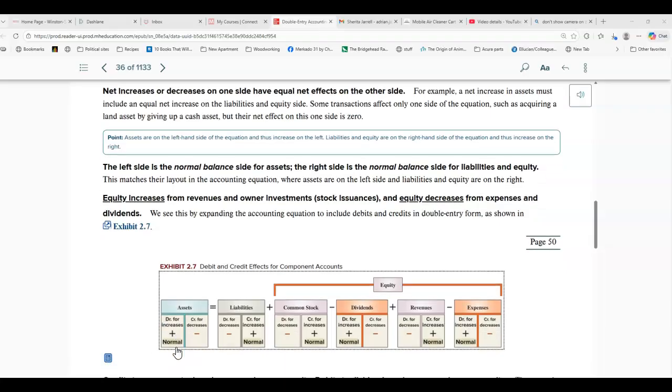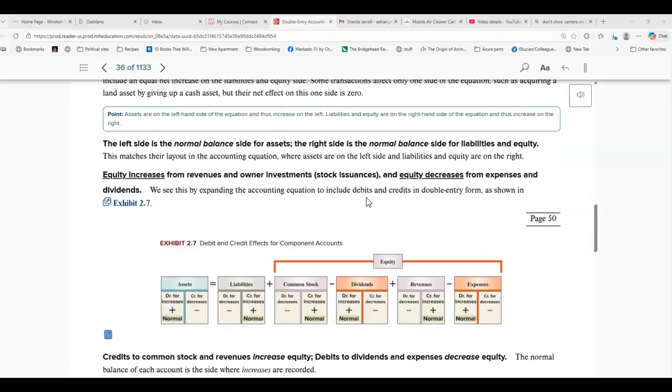Normal balance is the same as where the increases are. Liabilities and common stock and revenues are all increased on the credit side, as you can see here, and that is their normal balance. Dividends and expenses, as we know, they decrease equity, so they have a debit balance. They're increased on the left side, debit side, and their normal balance is on the debit or left side.